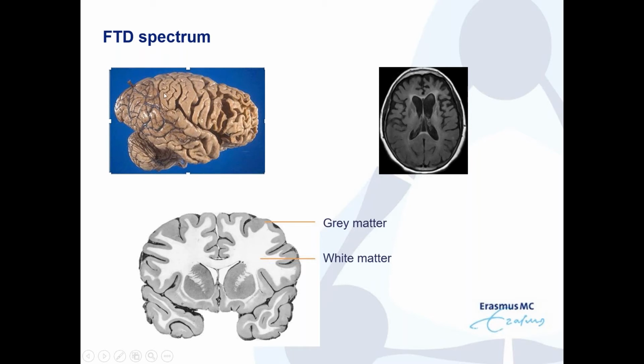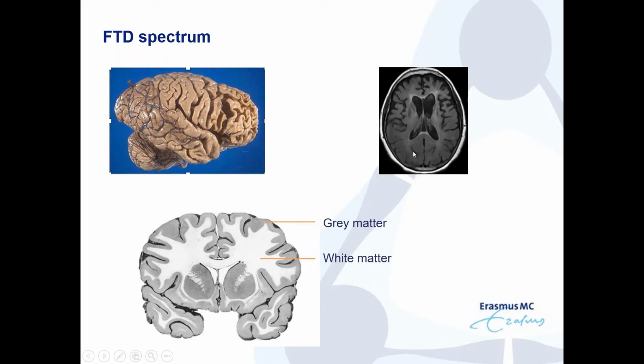As you can see here, in a brain of a deceased patient there's volume loss or atrophy in the frontal parts of the brain, whereas in the back side of the brain there is still a lot of brain volume, and this is visualized on this MRI scan on the right here as well.